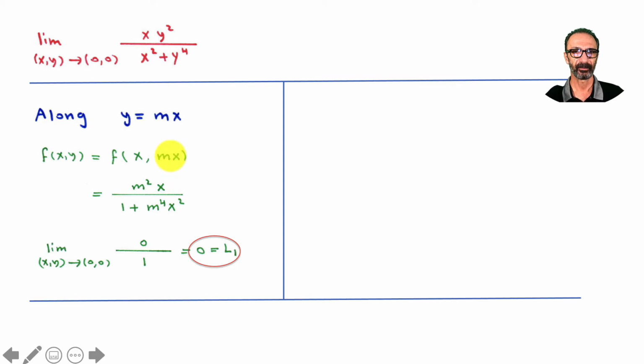Doing the math, this is m and x to the second, so m squared x to the third, and m to the fourth x to the fourth. Factor x to the second out and reduce it to the following. This approaches 0, this approaches 0, so it's 0 over 1 plus 0, 0 over 1, 0.